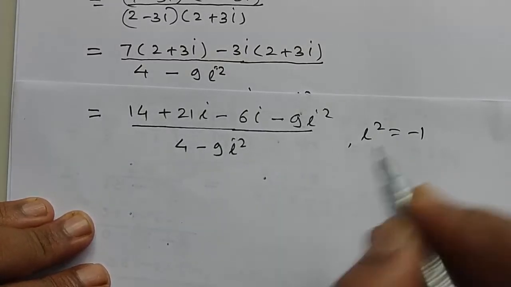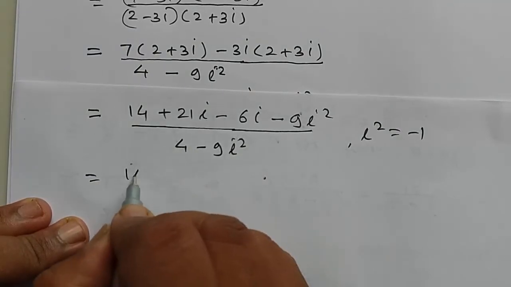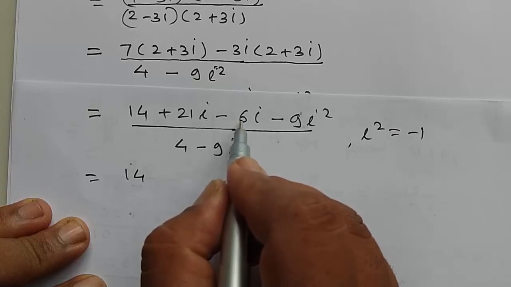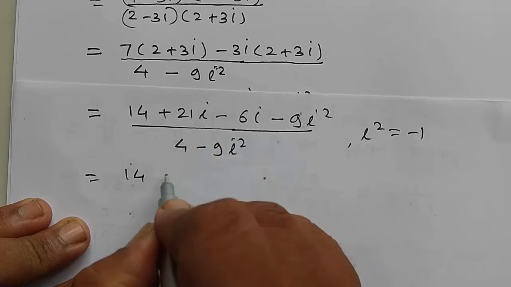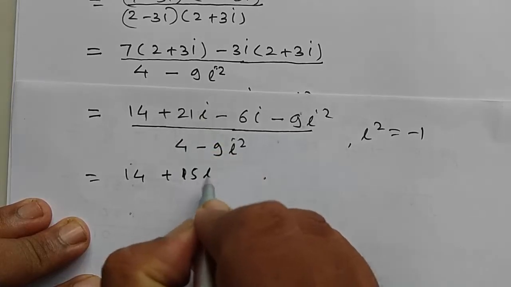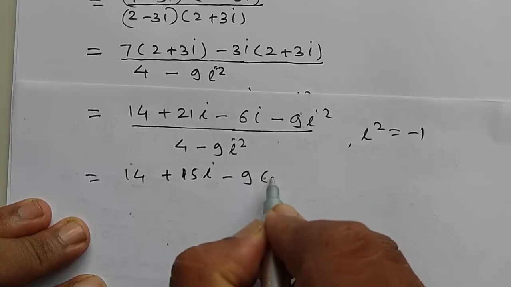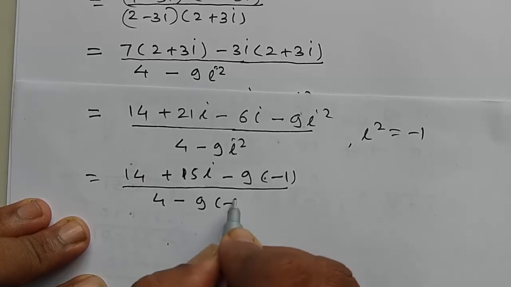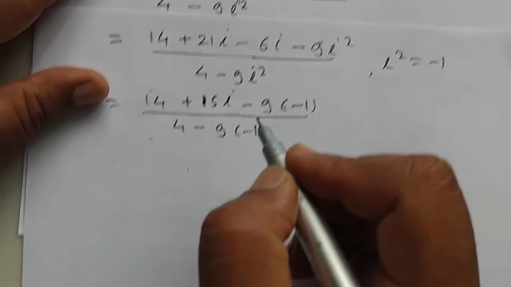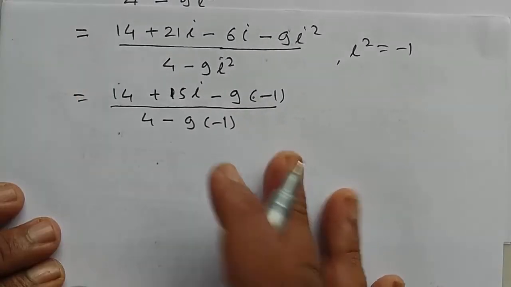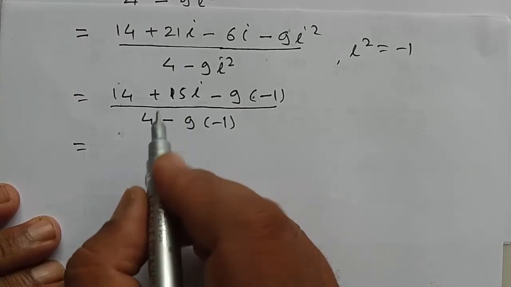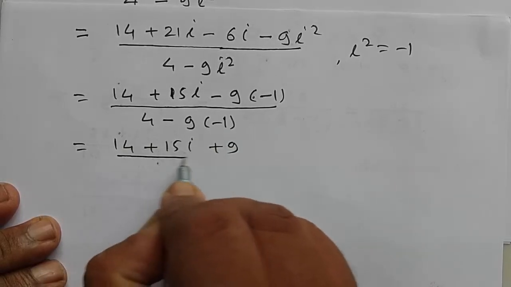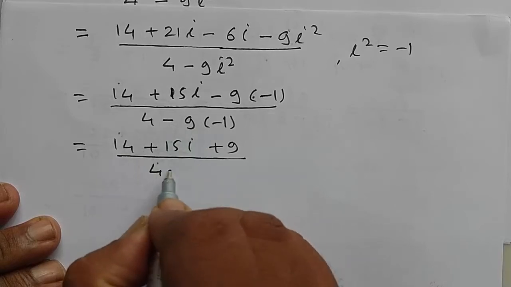i square is equal to minus 1. So this is equal to 14 plus 21i minus 6i, that is plus 15i, minus 9 times i square, which is minus 1, so plus 9, upon 4 minus 9 times i square, which is minus 1, so 4 plus 9.